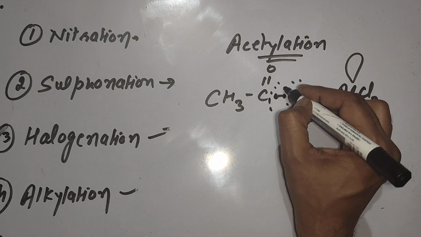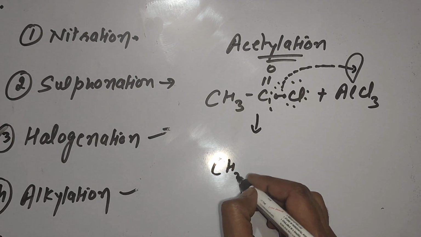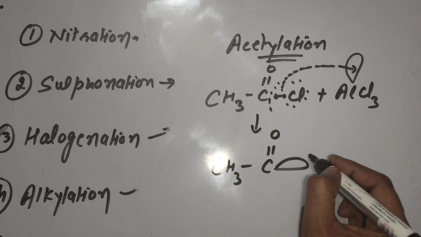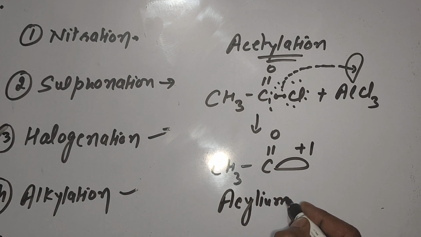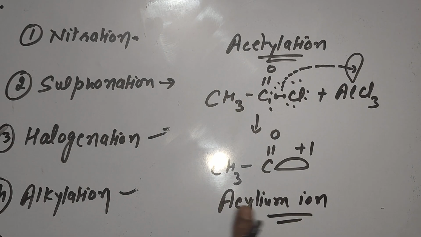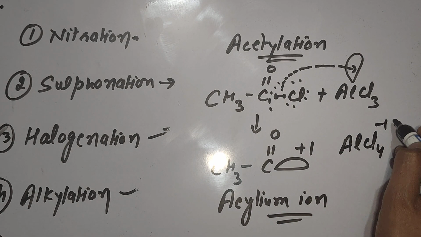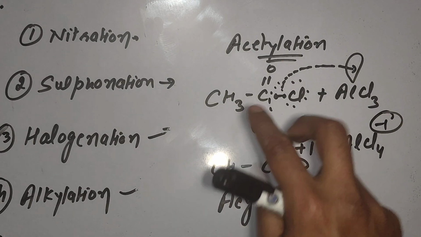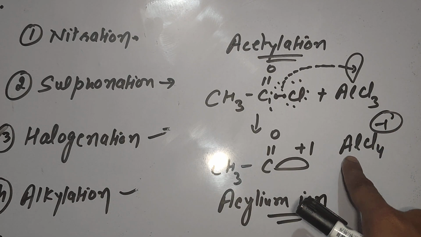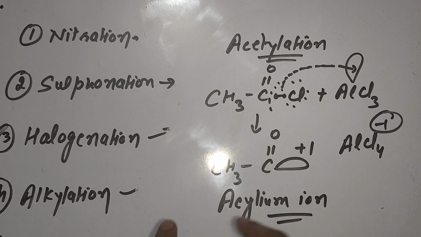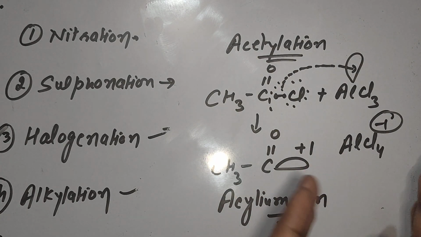A vacant orbital, electrons are going into the vacant orbital, due to which this carbon will become a positively charged particle with a vacant orbital, the acylium ion, and AlCl3 will become AlCl4 with -1. I already told you how -1 is generating over there. This Cl is providing electrons to aluminium, so this complete -1 is on aluminium. In this fashion, electrophiles are generated. In acetylation, the acylium ion will generate and attack the benzene ring in the second step.